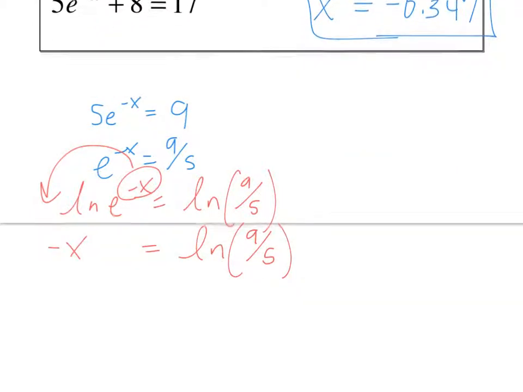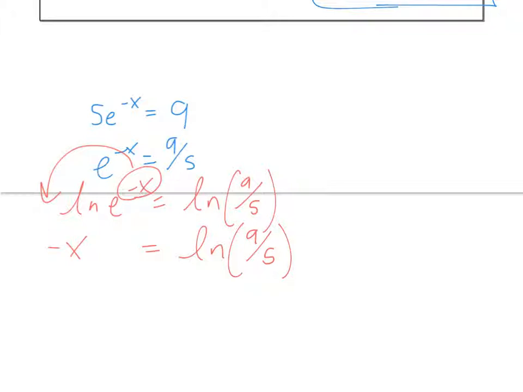And I didn't rewrite ln e right here. And why didn't I do that? Because the ln of e is 1. And to truly figure out my solution now, I have to divide both sides or multiply by negative 1. So x equals the natural log of 9/5 times negative 1 for an answer of negative 0.588.